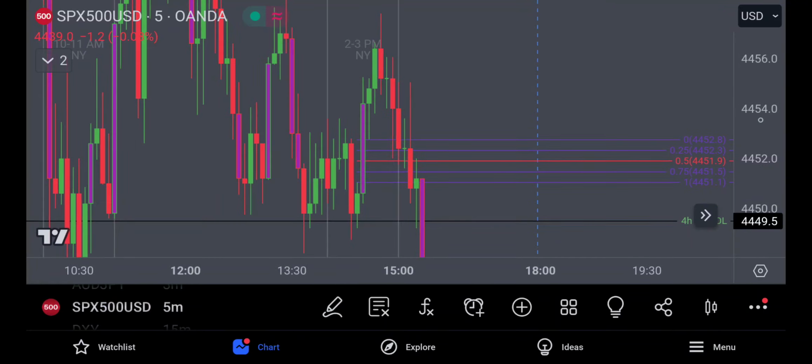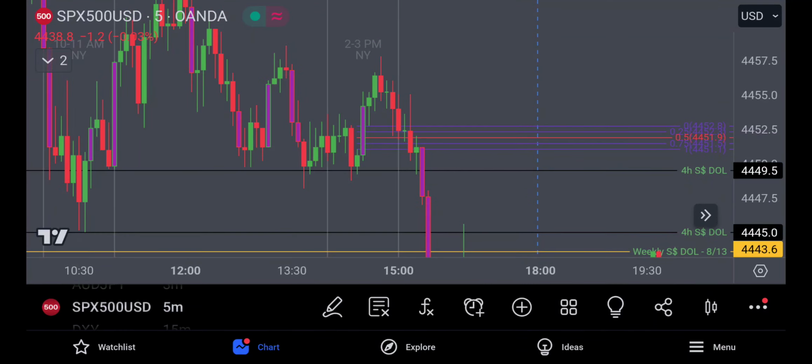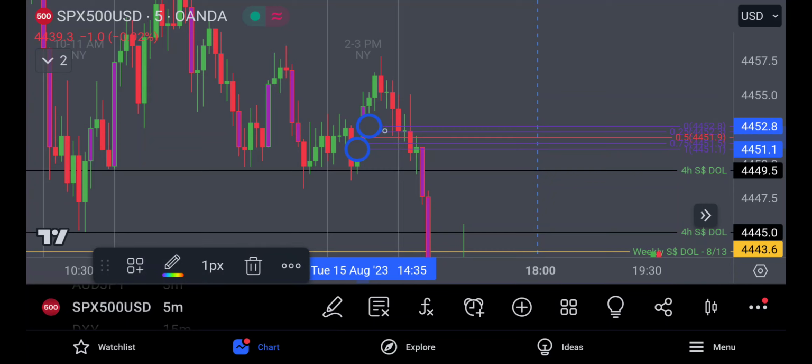However, if we look for, like ICT teaches, price to trade, not form, but trade within an FVG within the time period, then we'll find success.